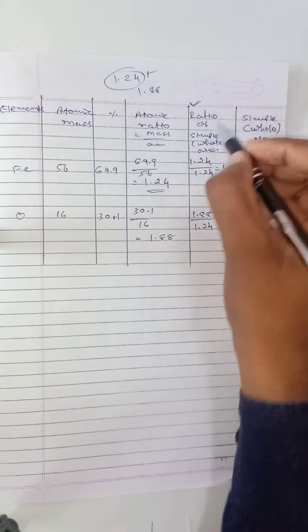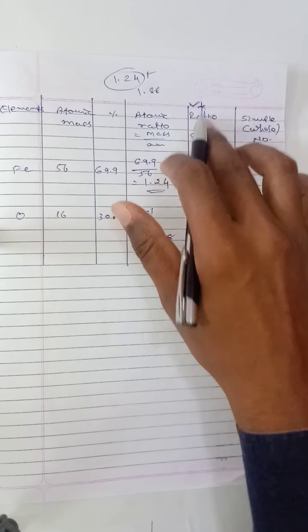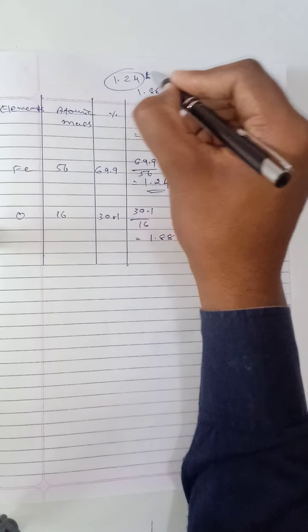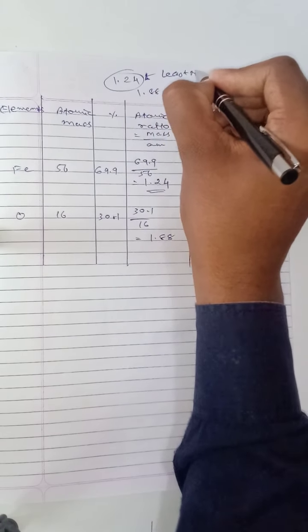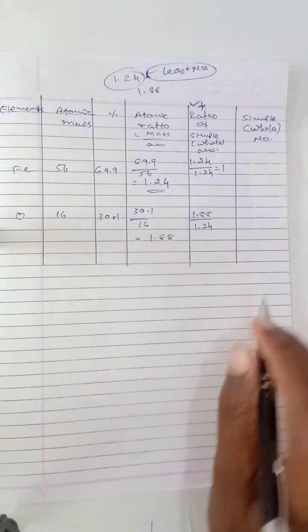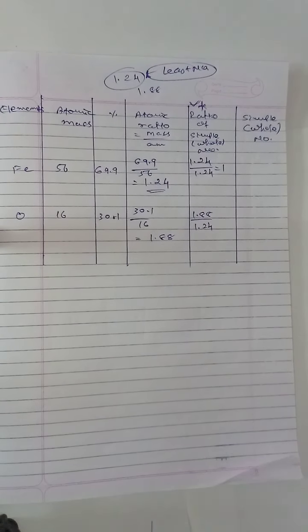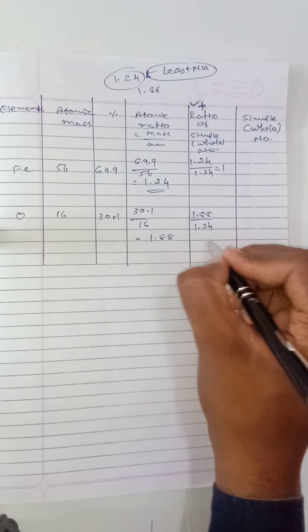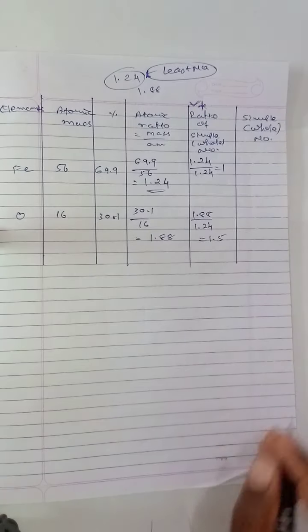So for the ratio of simple number, we have to divide by the least number. 1.88 divided by 1.24, this will be 1.5.